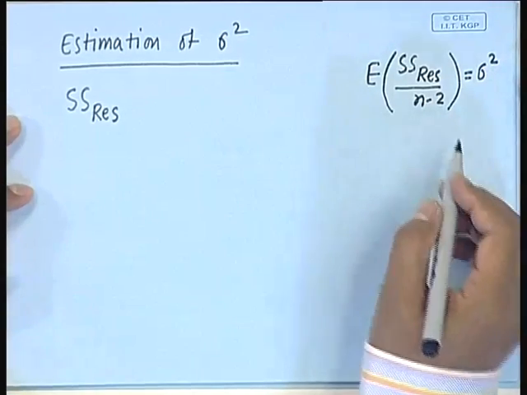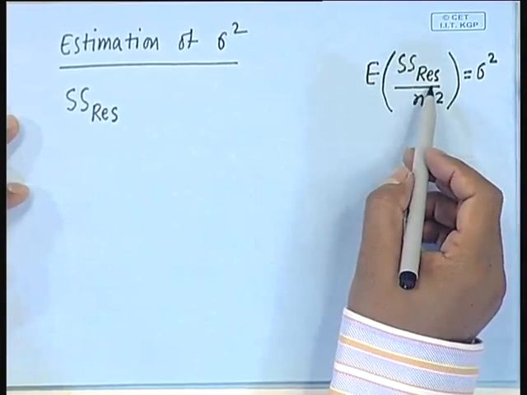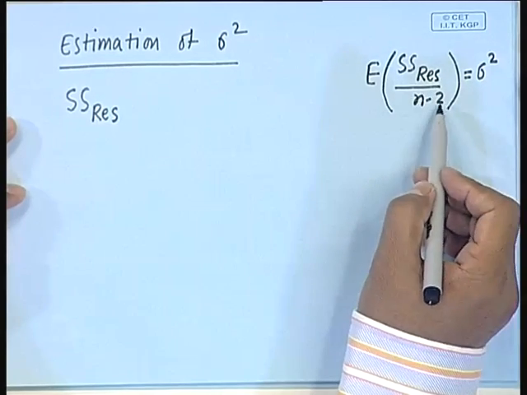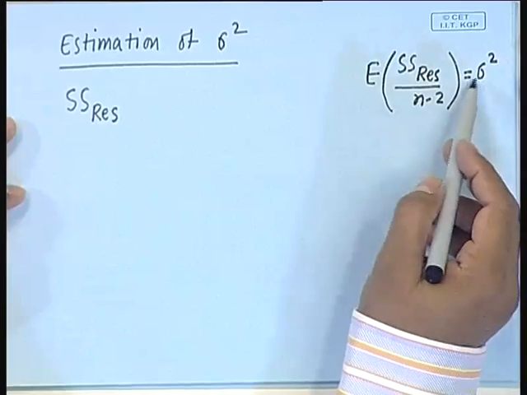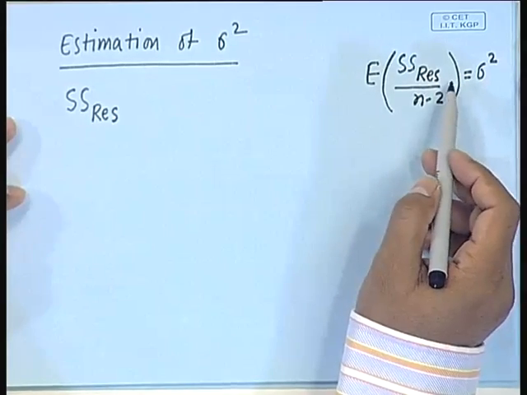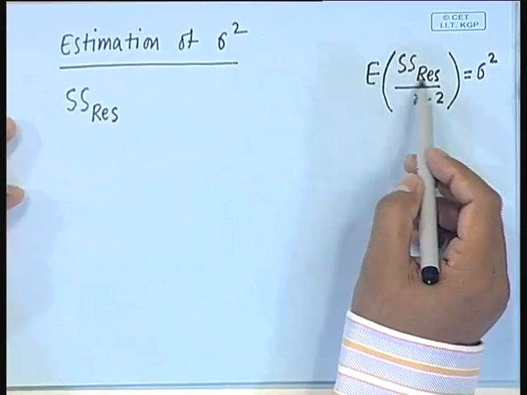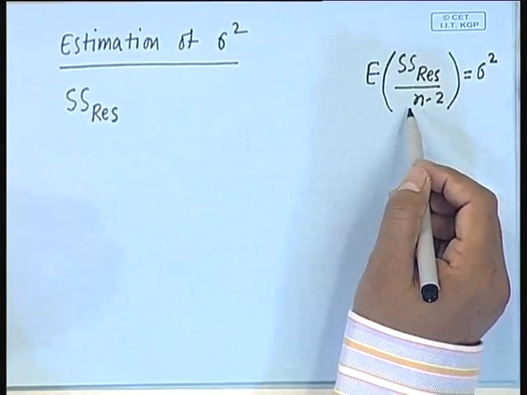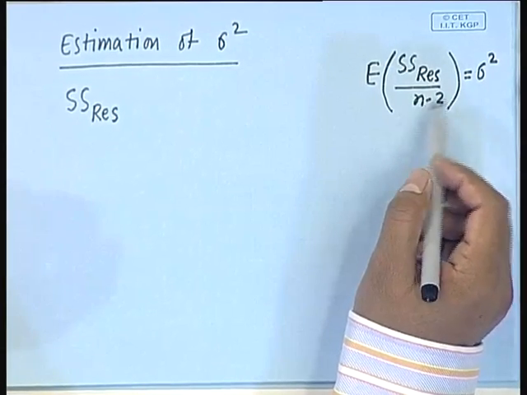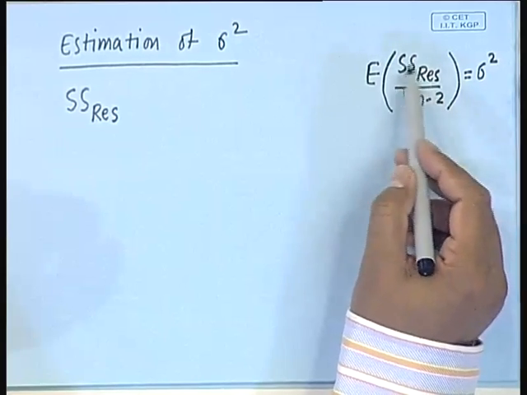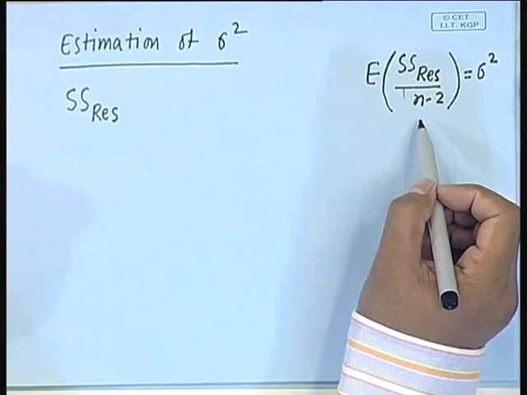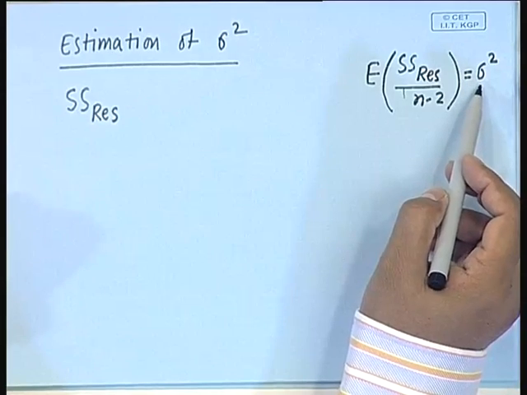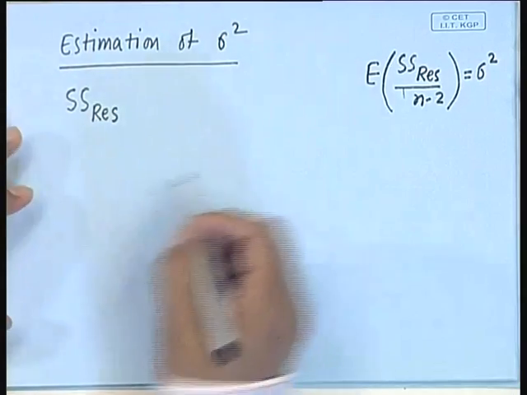That means the residual sum of square by n minus 2 is an unbiased estimator of sigma square, and we can compute the value of residual sum of square given a set of observations, and we know n. So, using this formula we can estimate the value of the population variance sigma square. Well, so we need to prove this one.